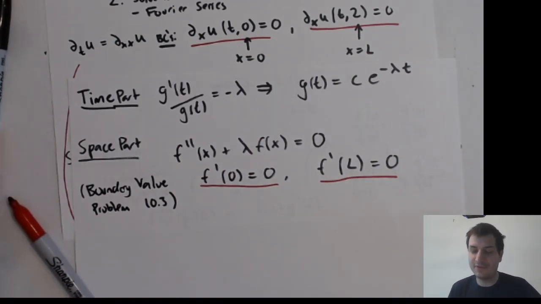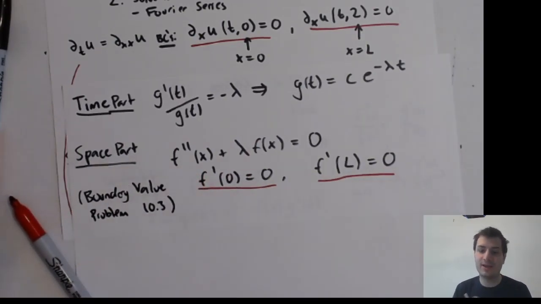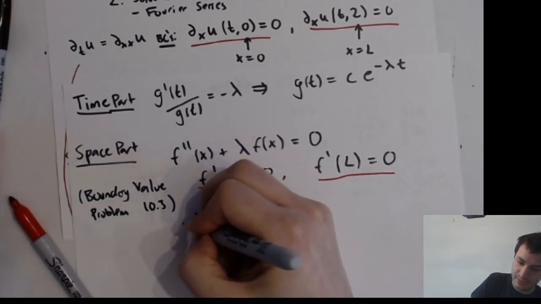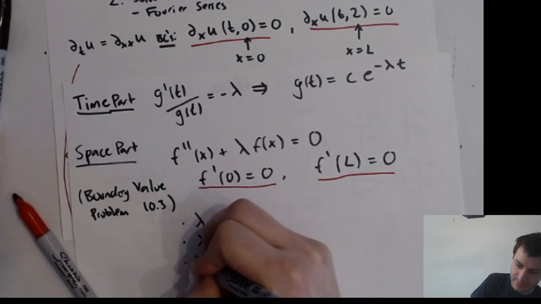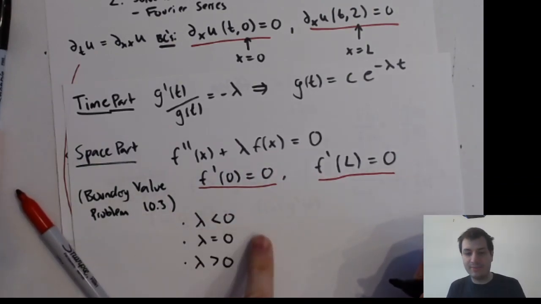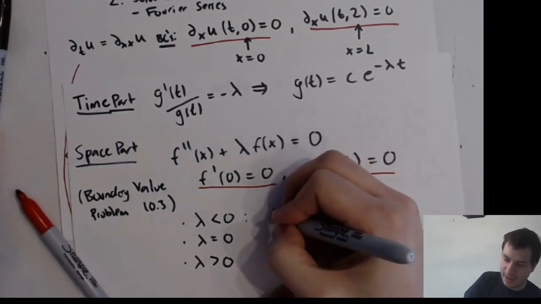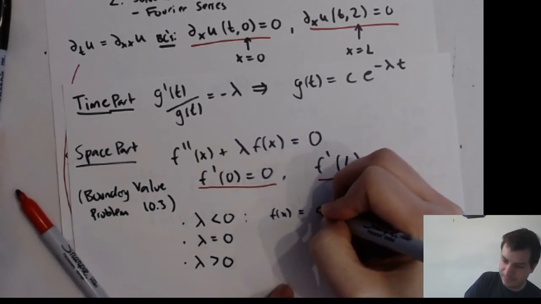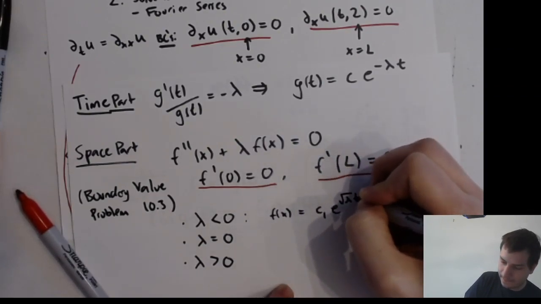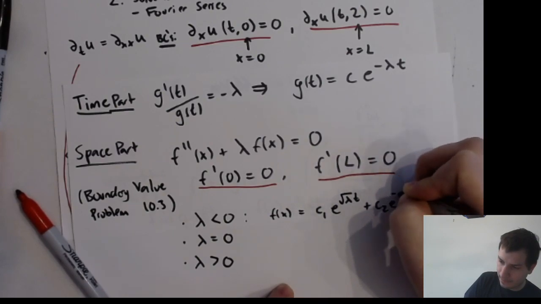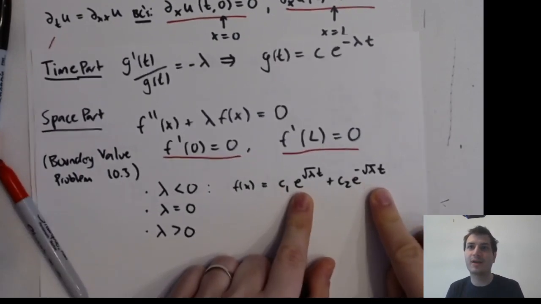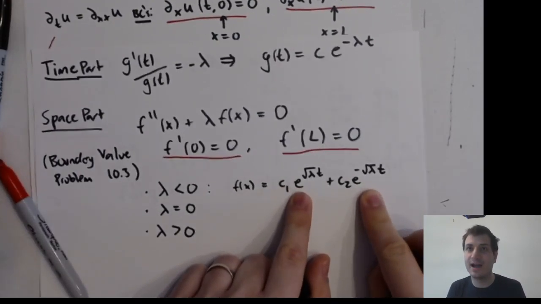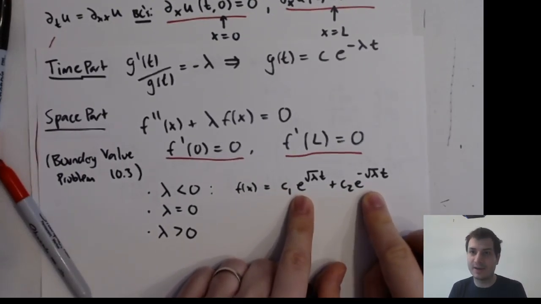You have to know how to solve it. You should go through all the cases: lambda less than 0, lambda equals 0, lambda bigger than 0. When lambda is less than 0, you get f of x is exponentials. You can write it like this, or with hyperbolic cosine and hyperbolic sine if you want, but exponentials are fine.